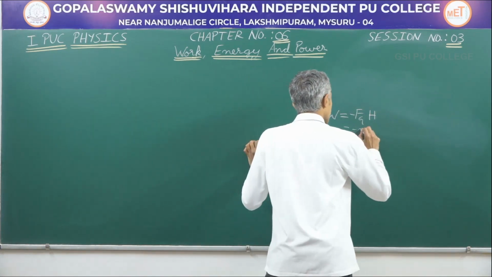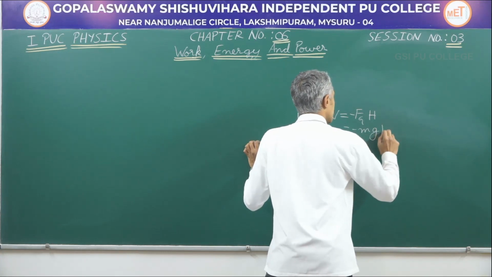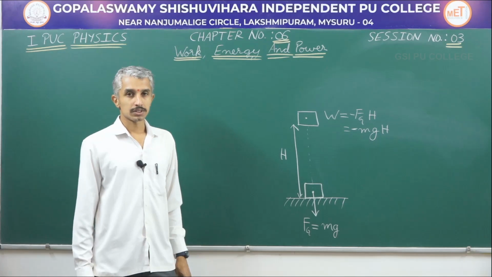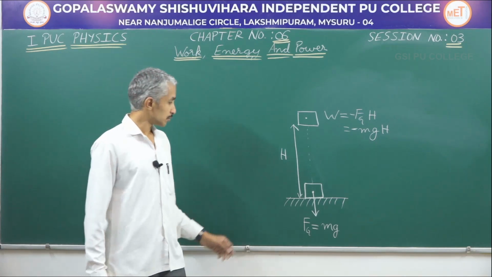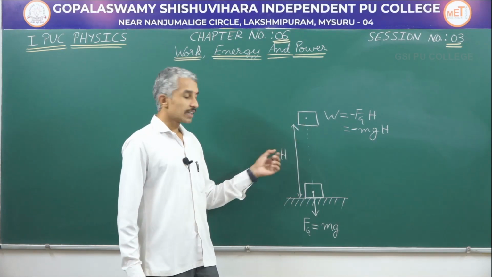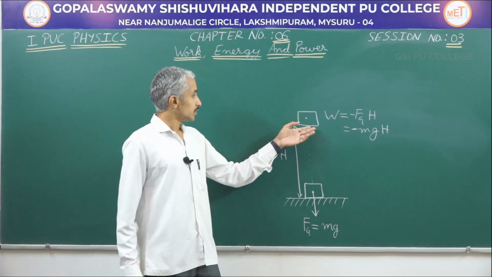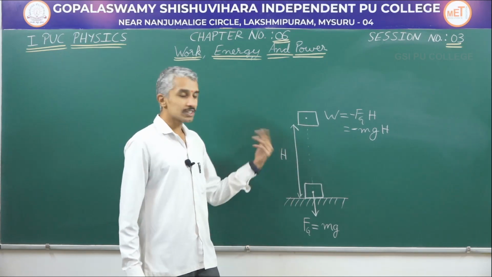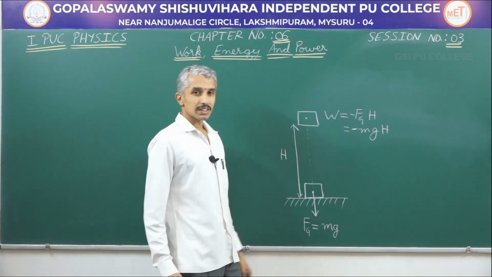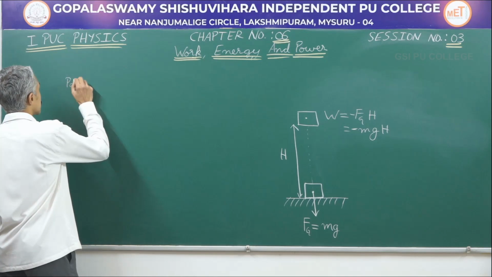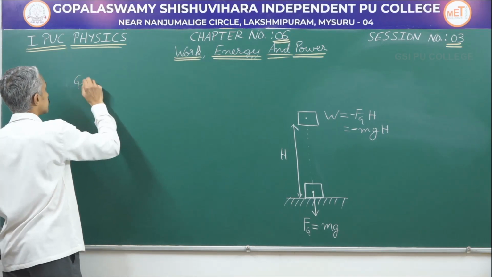So I will get this as minus mgh. We have studied earlier from the work energy theorem that the work done is equal to change in kinetic energy. But here when I have lifted and held the object at height h, there is no change in its kinetic energy, then what is the change? The change here is the potential energy, and now I call this the gravitational potential energy.